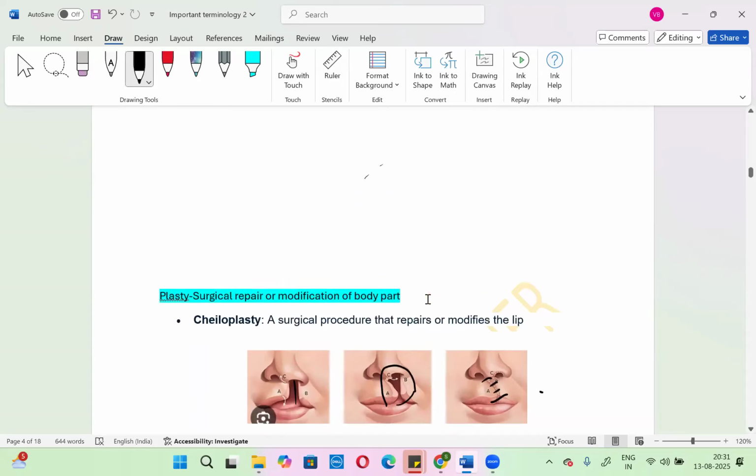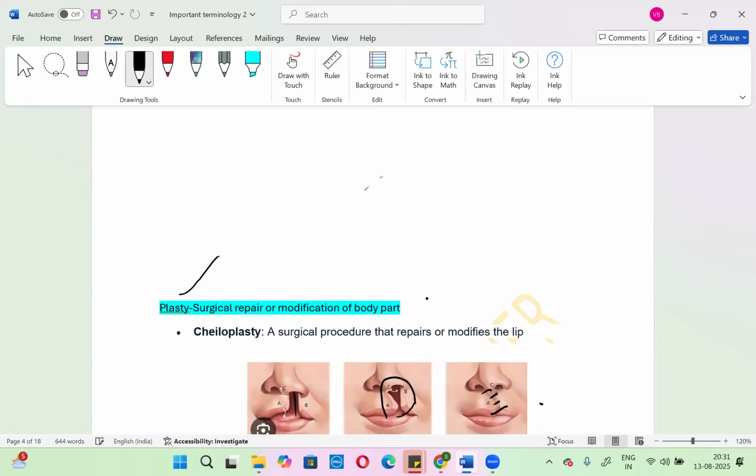Okay. Next, ma'am, is plasty. What is plasty? Nothing but doing the surgical repair, suturing. Okay, example is cheiloplasty. Plasty is repair. Cheilo is nothing but lip. Lip repair they are doing.